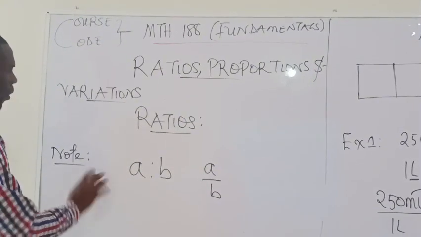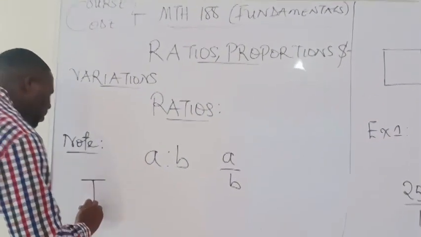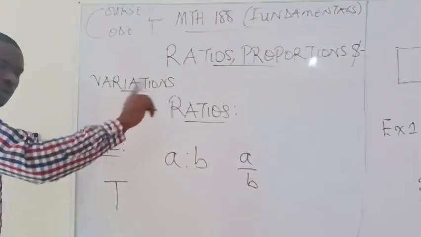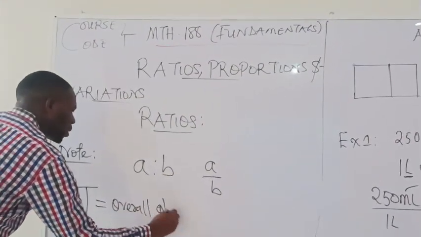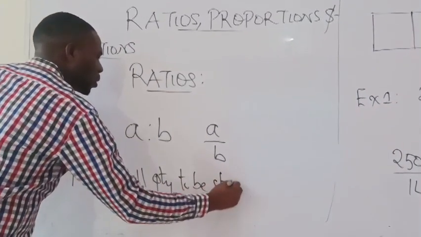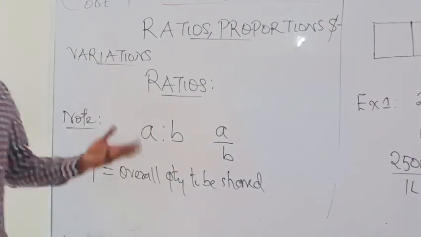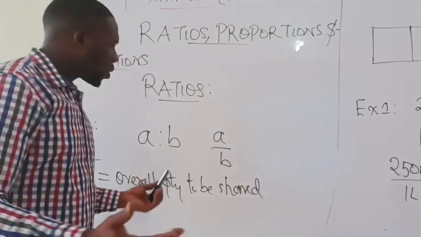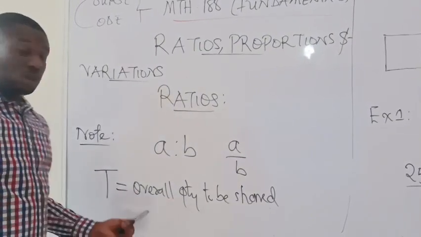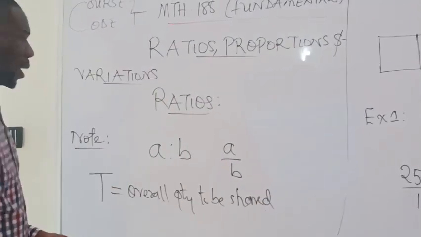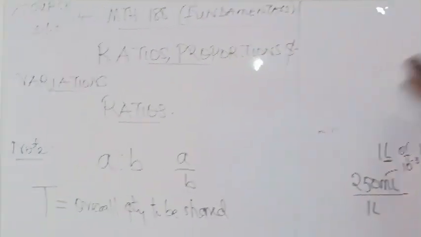Having said this, let's say the total quantity, the overall quantity T, is to be shared in the ratio A to B between two persons. The question is, what would be the first person's share and the second person's share, given the overall quantity to be shared? This could be money, or it could be an item. So the rule is a quick one.